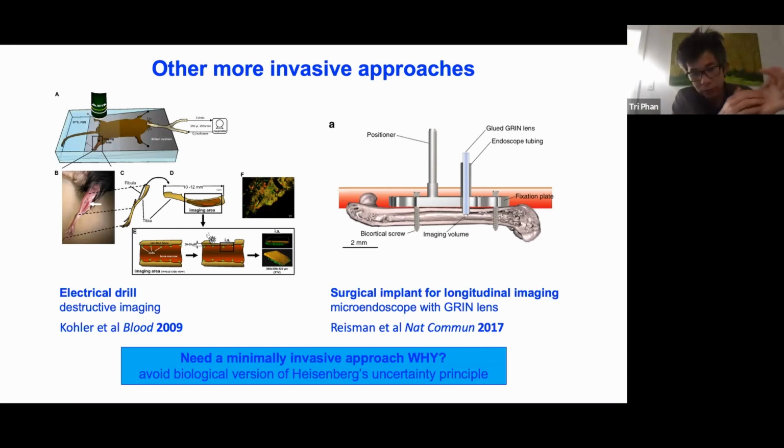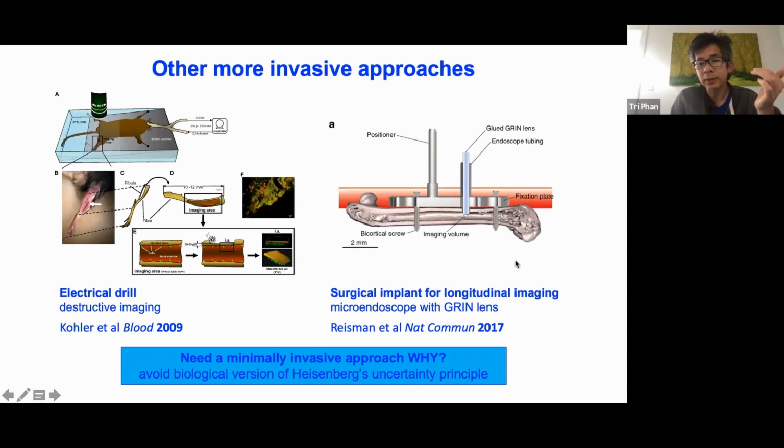So one of the other ways to image, so that method is relatively minimally invasive. It just involves an incision in the skin to expose the sutures underneath. But other people developed far more invasive approaches. There's two examples shown here. In this example, to overcome the problems of the thick cortical bone, the investigators use an electrical drill to shave bone away.